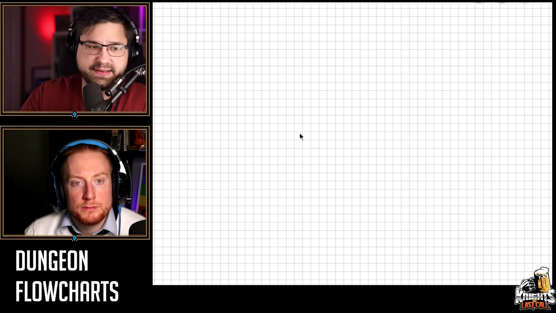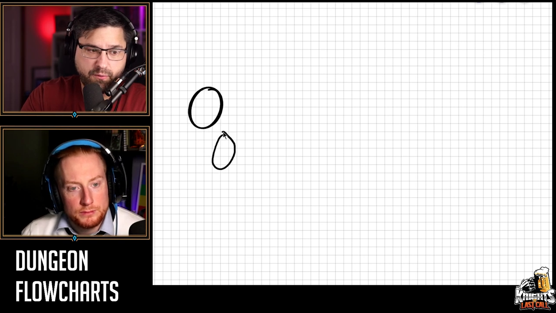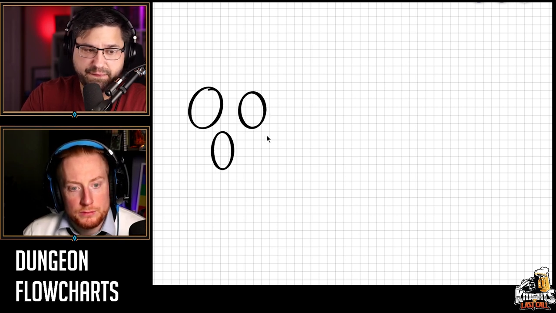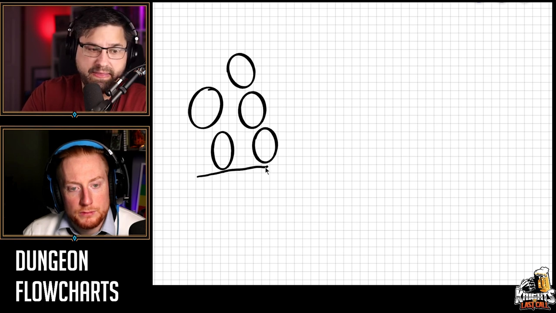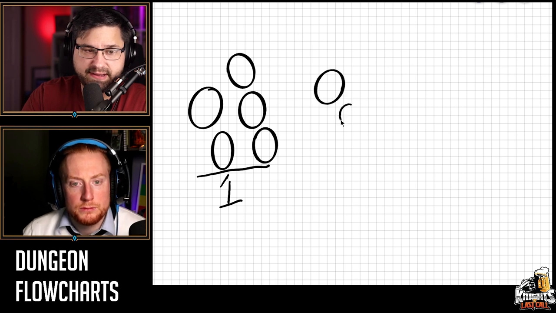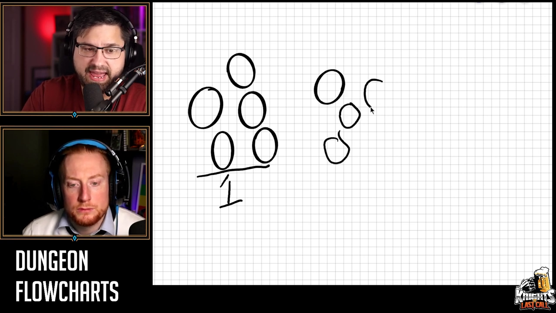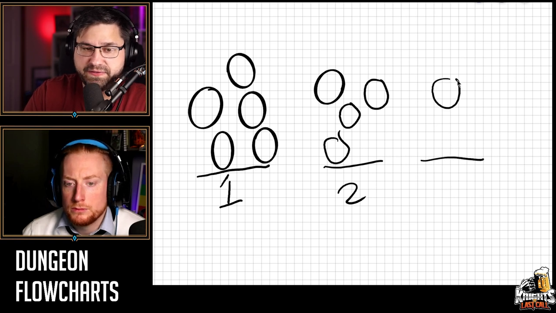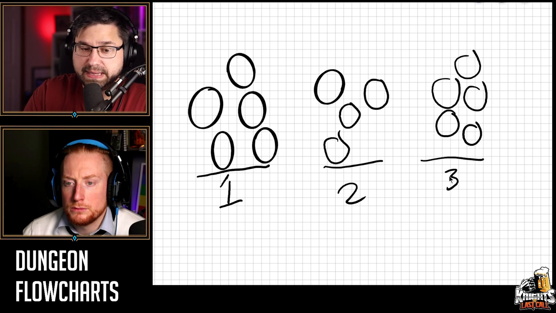But here is the key. Let's say that these circles represent different encounters that the party may adventure. These encounters are all level 1. And here is a bunch of encounters, and these encounters are all level 2. And here's a bunch of encounters, and these are all difficulty level 3.